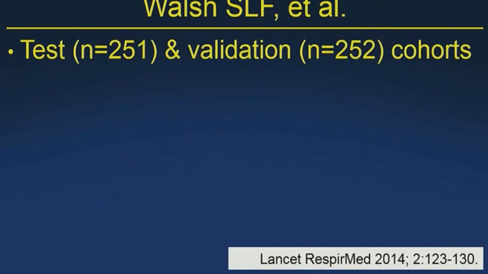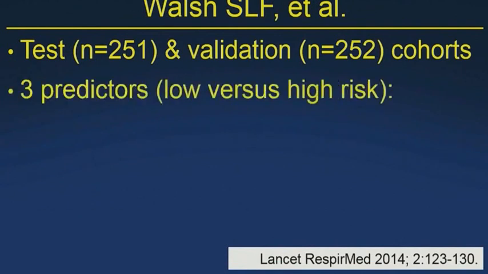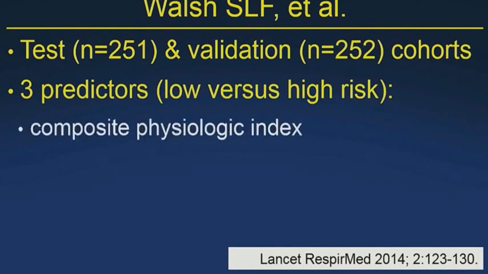Walsh and colleagues published a very interesting article in the last 2 years where they looked at patients with advanced sarcoid using both a test and validation cohort, and they identified two imaging predictors and one clinical predictor of poor versus good outcome in patients with sarcoid.